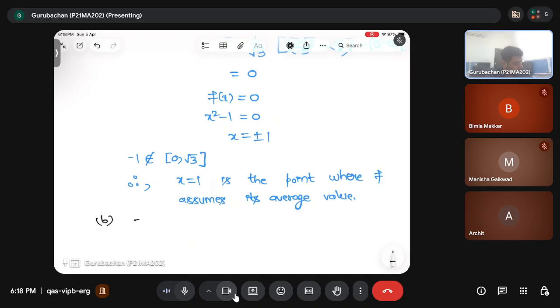Now quickly do this one. f(x) equal to minus 3x square minus 1 on the interval 0 to 1.